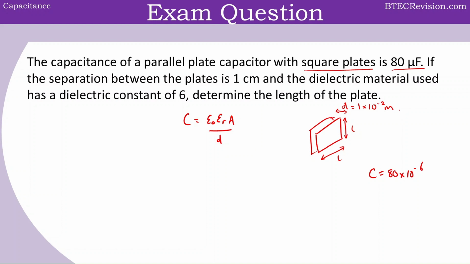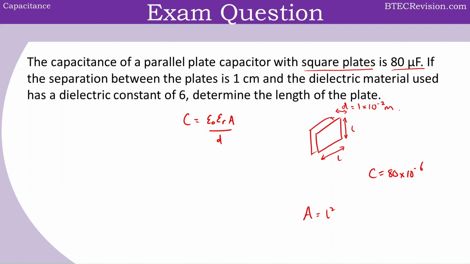The dielectric is 6, and we just need to find the length of each plate. So if we look, the length of each plate is linked to the area of the plate. We know the area, since it is square plate, the area of a square is just the length squared.